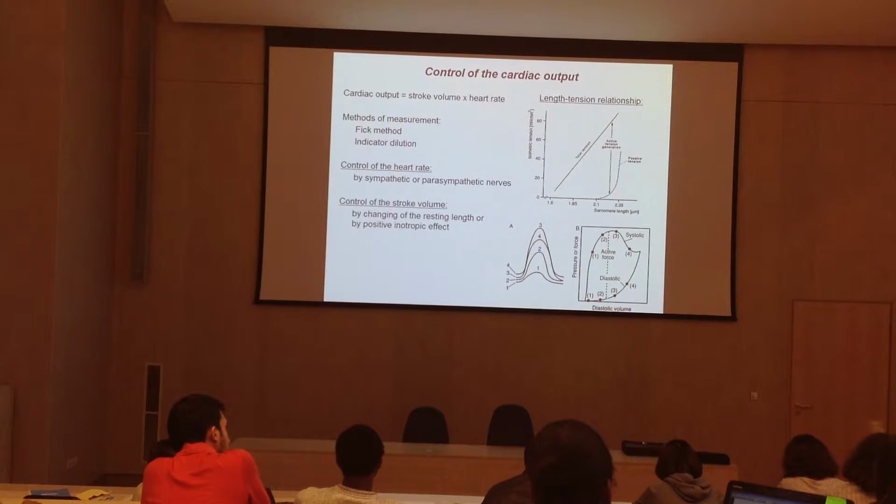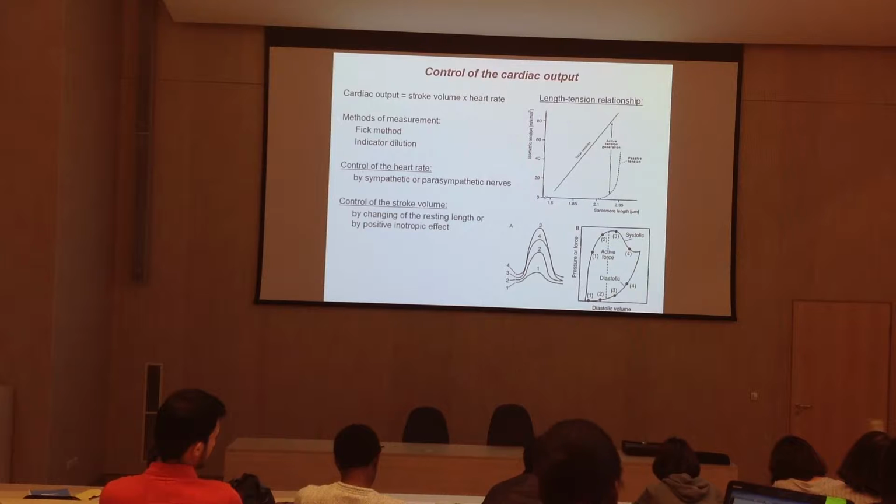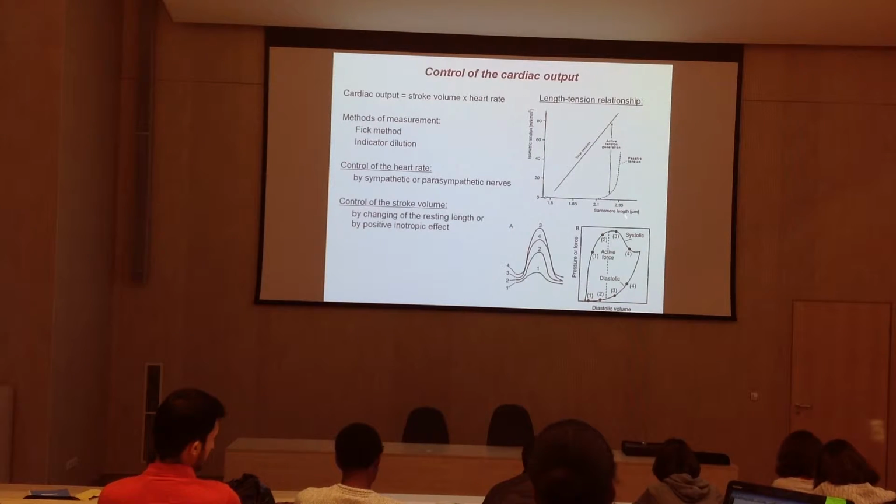Therefore, the active increase in the tension is zero. Now, fortunately, the heart muscle is a very well organized system. Therefore, the connective tissues are so strong that we cannot overstretch up to this point. It will stop somewhere here.